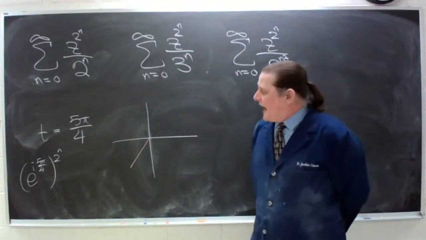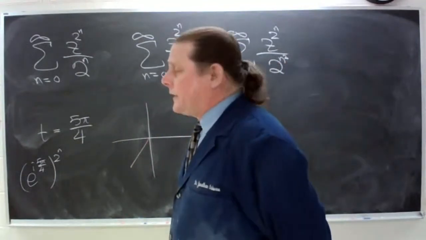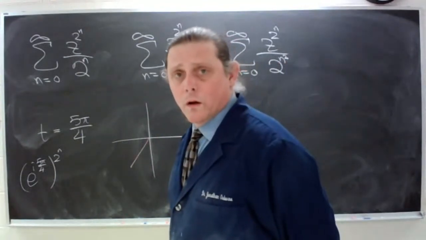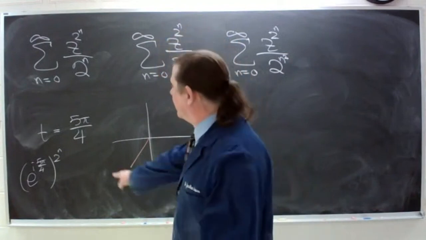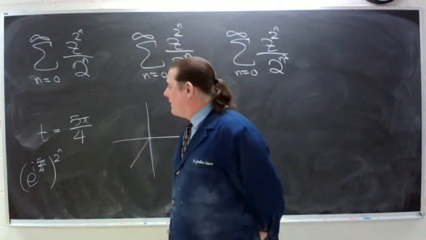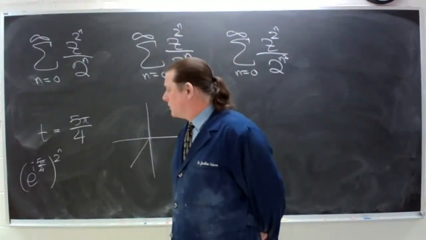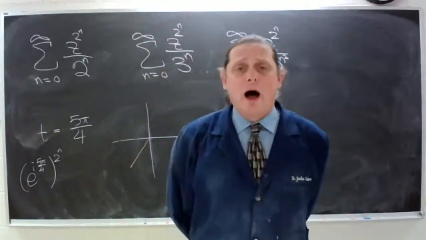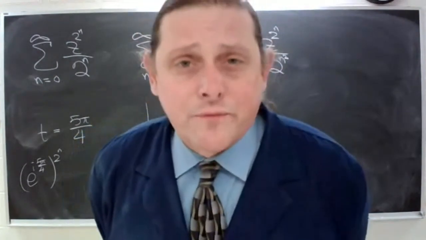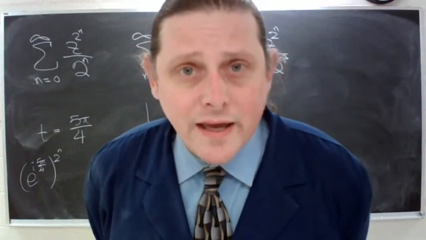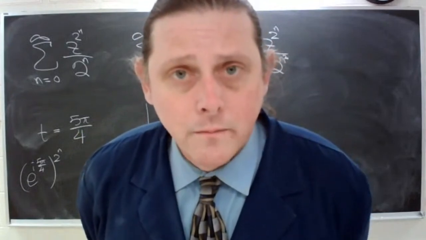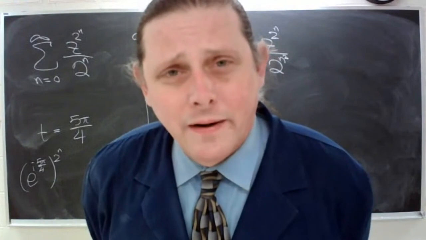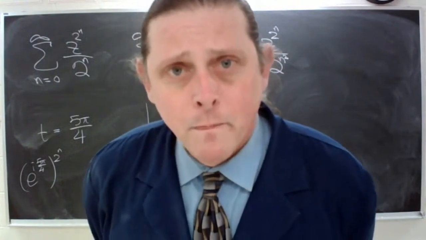So when n equals 0, it's e to the i 5 pi over 4. When n equals 1, it's e to the i 5 pi over 2. When n equals 2, it's e to the i 5 pi. All those have different arguments, so they can allow for cancellations.